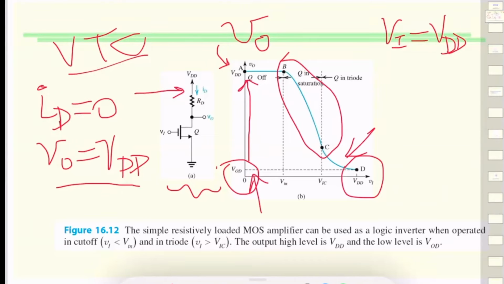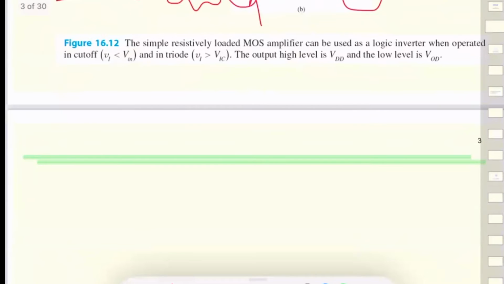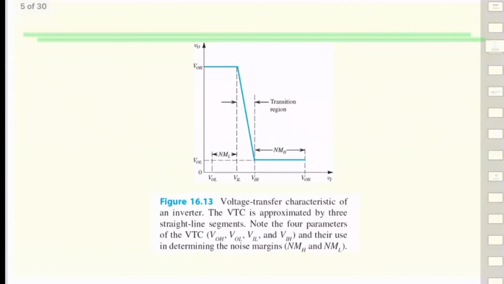If we are not using a linear region, that's something unnecessary for us. So it's more important that our transistor has behavior which can be depicted by 3 straight lines. And in this case, the VTC is approximated by 3 regions of operation.